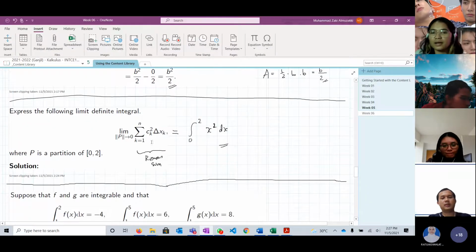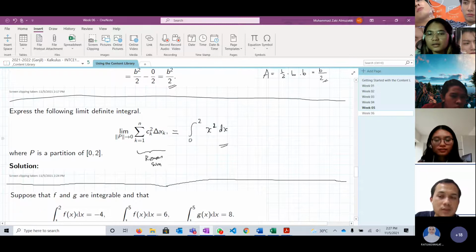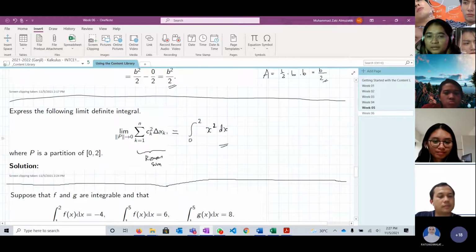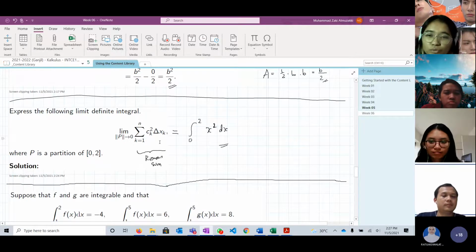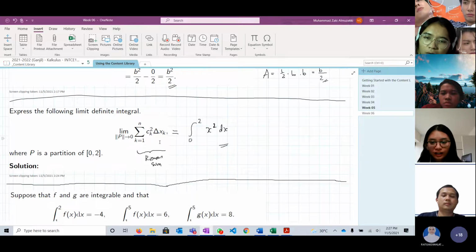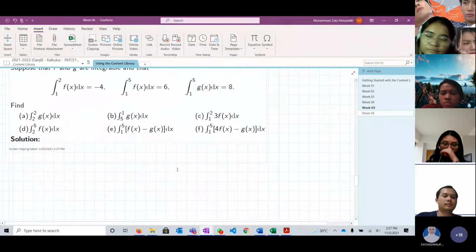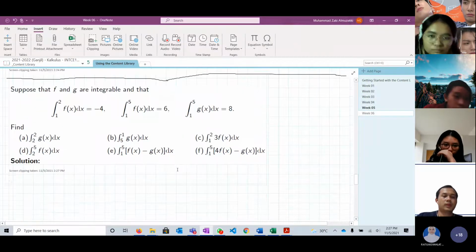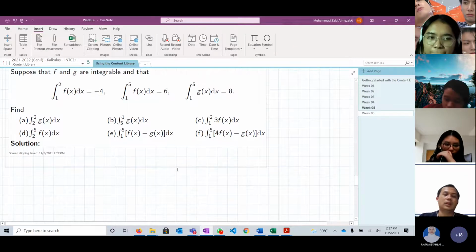For the sum here, is it clear? Any question? Ya, sir, clear. Tadi pertanyaannya sama kayak Raisel. Udah. Okay, now this one.